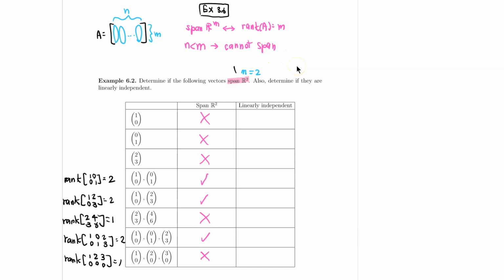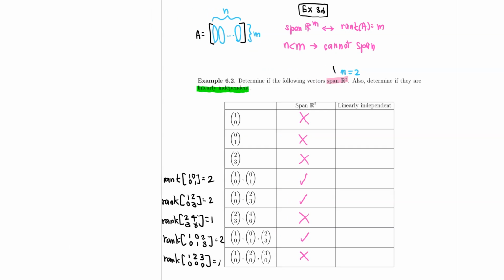Next, I need to know whether they are linearly independent. We talked about this in lecture 4, specifically in example 4.4. We knew that they are going to be independent precisely when the rank of the matrix is equal to n, the number of vectors that I have.